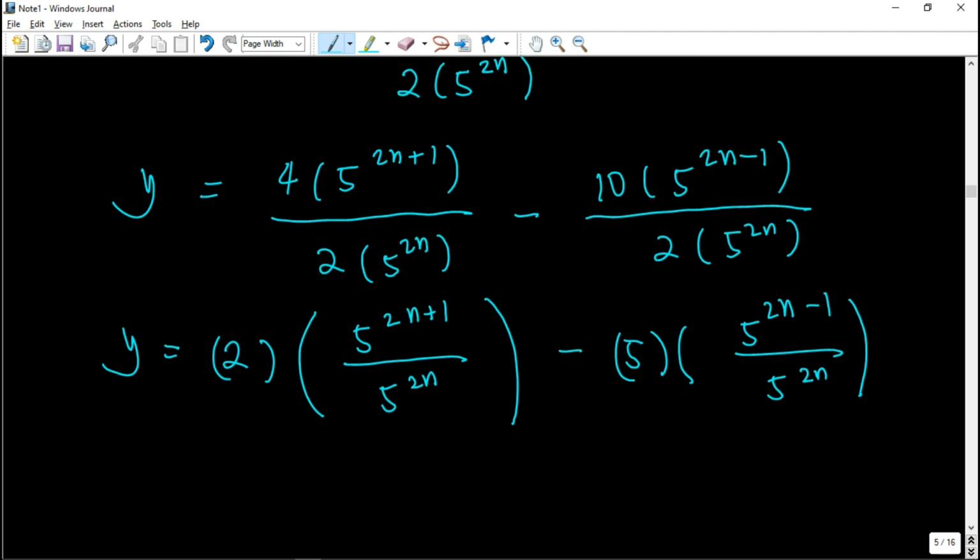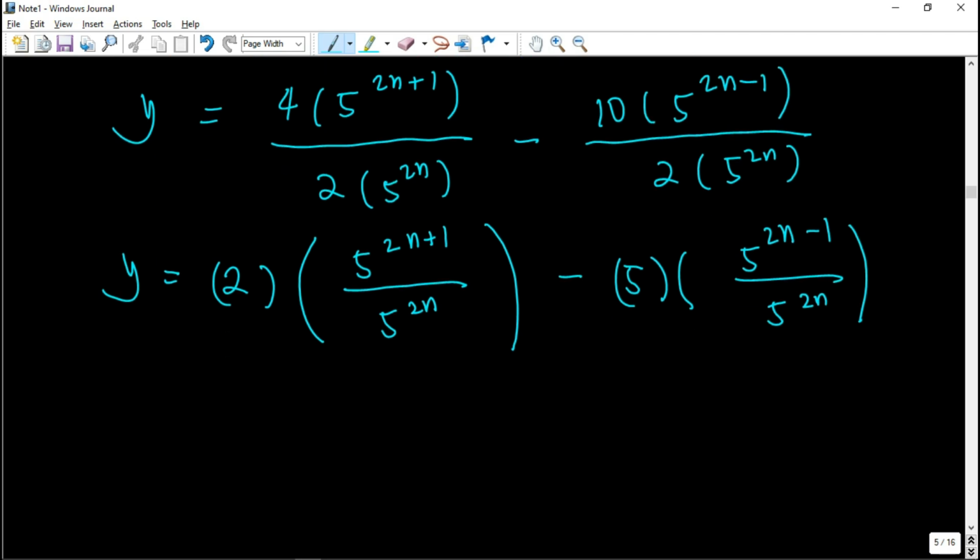Then we can apply now the laws of exponent. So we have here same base. Pag same base and naka-divide, we just subtract the exponent of the denominator from the exponent of the numerator. So we have here 2 times, copy the base, then subtract the exponents.